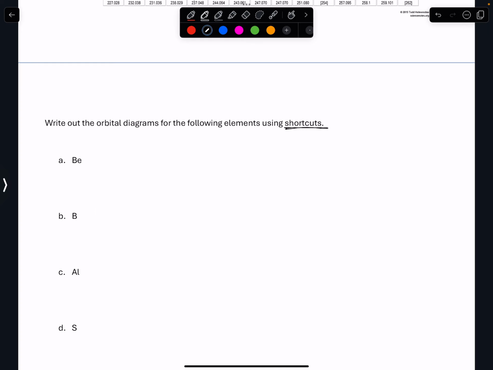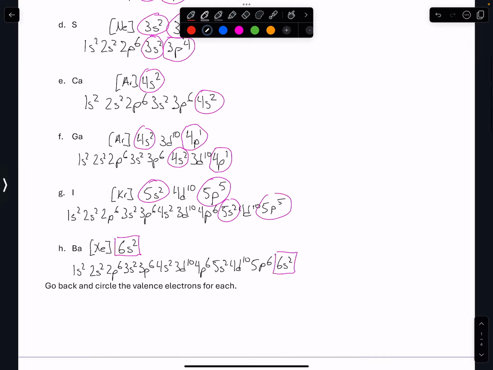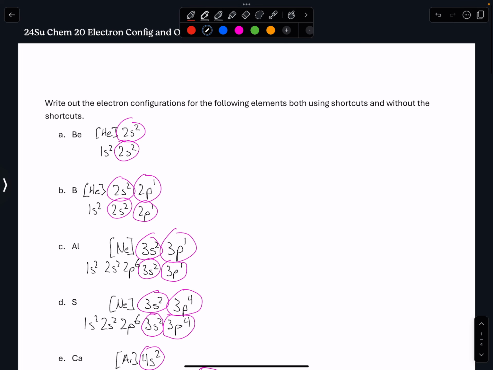So for beryllium, we can start out with the shortcut of helium, and then this is going to be 2s. You can use either an underscore sort of line or a box. I like the line. Beryllium's electron configuration is helium 2s2.